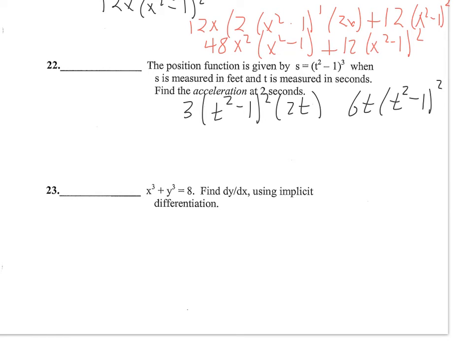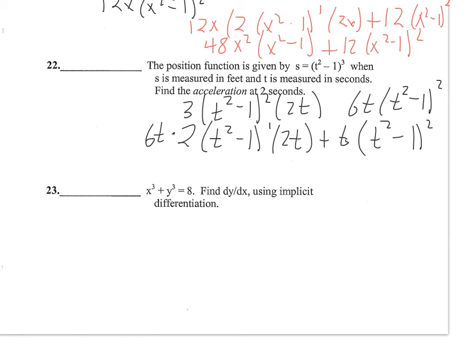Now for acceleration, which is the second derivative of the position function, so I do have to find the derivative again. Remember, velocity is the first derivative, acceleration is the second. So I'm going to find the second derivative of this. It's 6t, and then times, power goes in front, 2(t squared minus 1) to the first times 2t, plus the derivative of 6t, which is 6, times (t squared minus 1) squared.